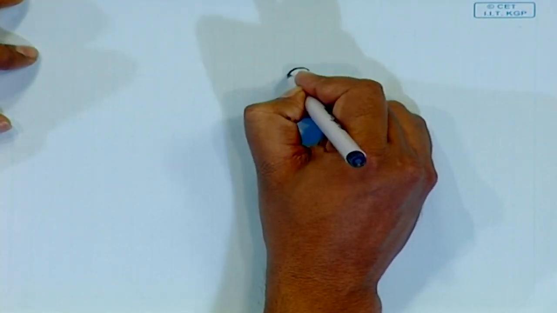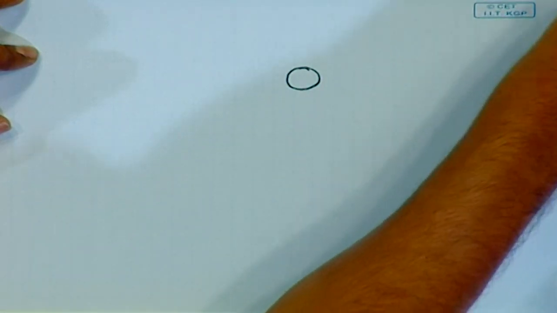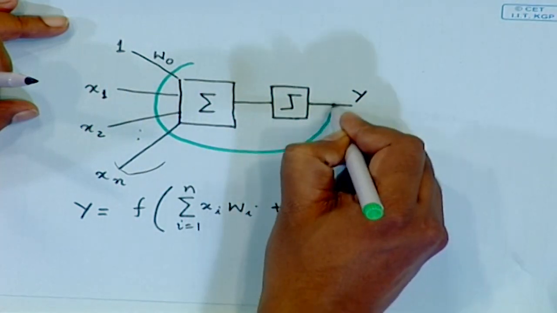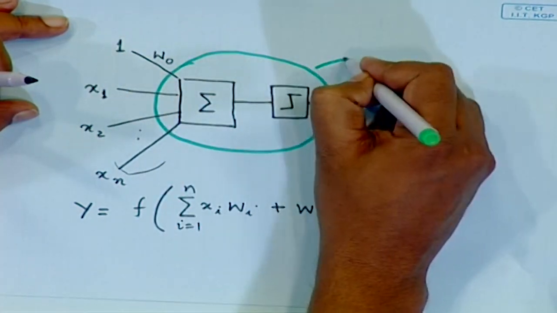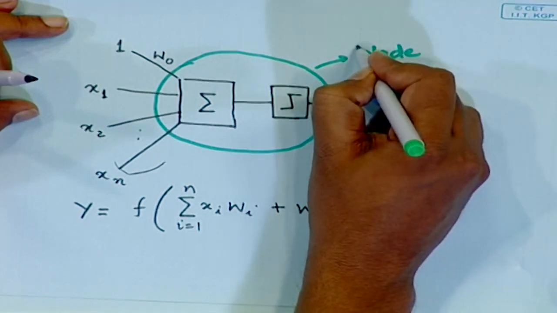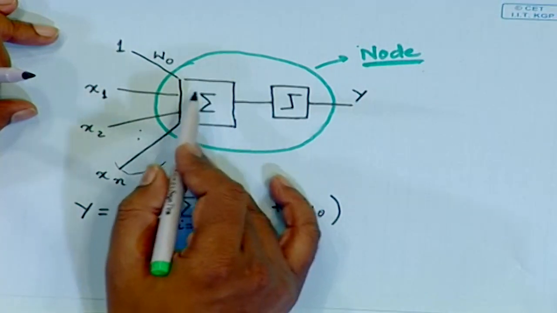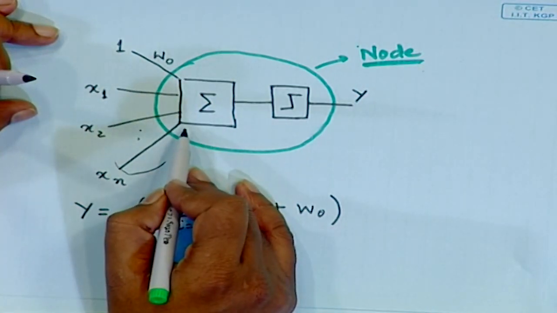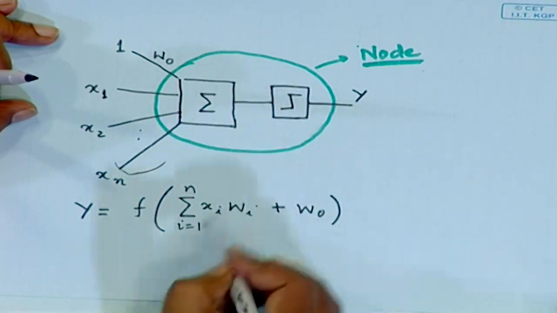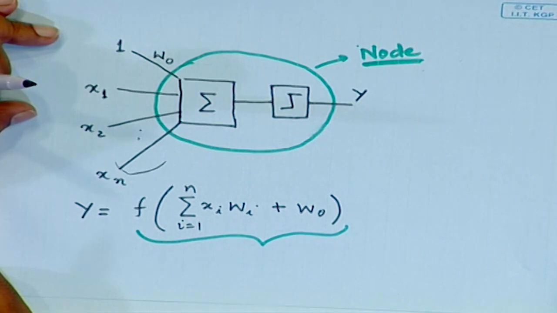So, now all this function we put in the form of a node. These two taken together can be represented by a node. So, when I say a node, the node includes both this adder which performs a weighted summation as well as this nonlinear unit. So, a node gives me this particular output for a given input.